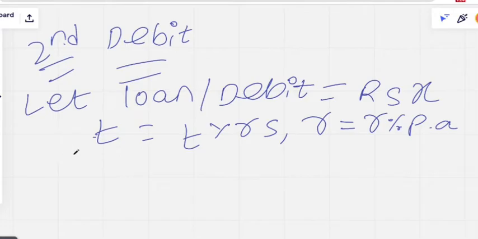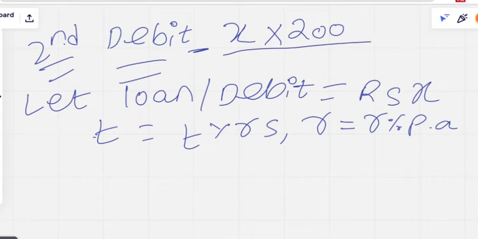If you have this kind of scenario in any problem, just apply this simple formula: x into 200 by 200t plus r into t into predecessor of t. Here x is the loan amount you have taken from your bank, t is the time period for which you have borrowed the amount, and r is the rate of interest.